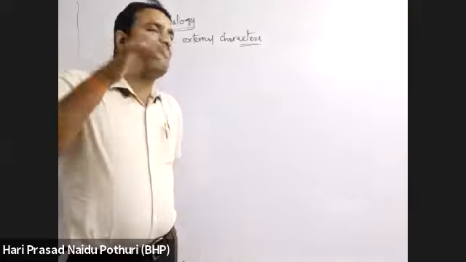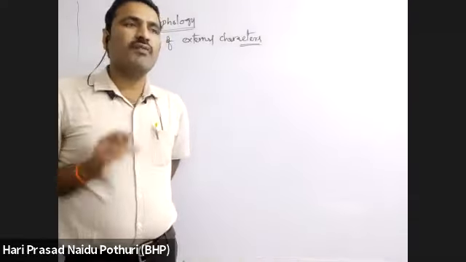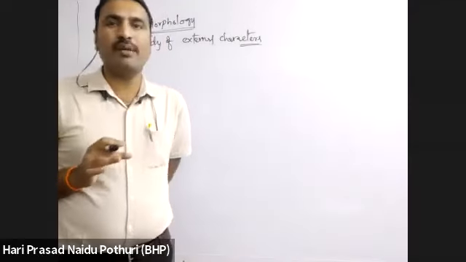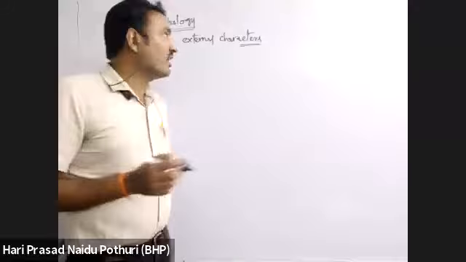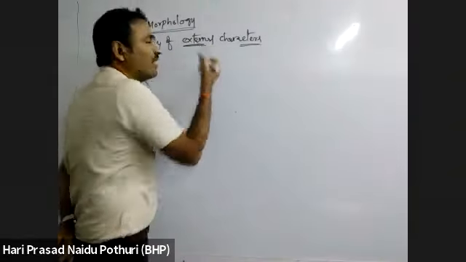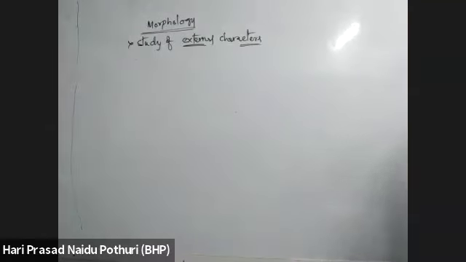Study of internal properties of the cell is called what? Anatomy. Study of reproduction is what? Embryology. Like that, different branches are there. Here, the study of external characters or external features of a plant is called what? Morphology of the plants. Here, morphology of flowering plants we are going to discuss.